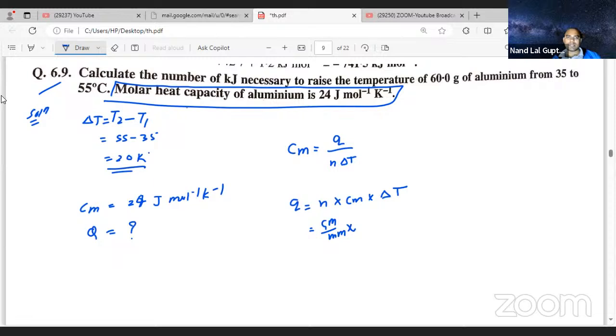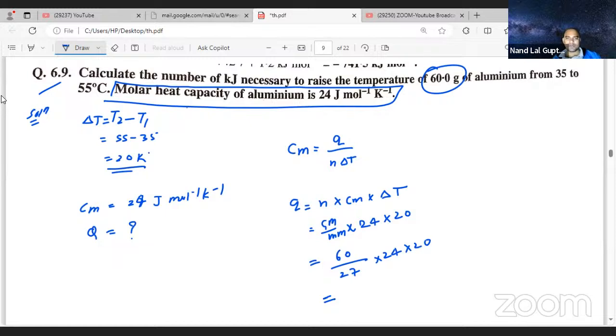Cm, that is heat capacity, they have already given, 24. Delta T is 20. Given mass, they have given 60 gram. So here we are putting 60 gram. Molar mass is 27. Multiply by 24, multiply by 20. Now check how much is coming.